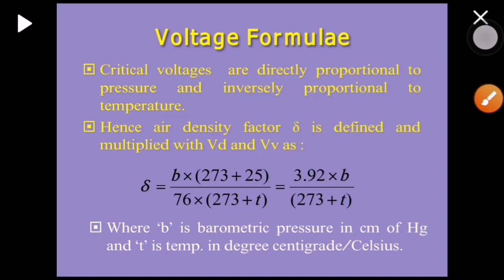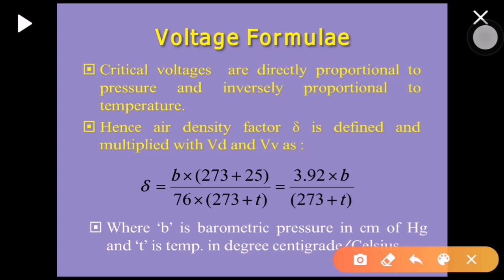Hence, if we consider standard temperature to be 25 degrees centigrade and standard pressure to be 76 centimeter height of mercury in barometer, we can define delta as the ratio of the actual pressure B to standard pressure 76, into 25 plus 273 Kelvin divided by the actual temperature T degree centigrade converted into Kelvin by addition of 273, and that will ultimately be 3.92 into B divided by 273 plus T. So this is the expression of delta we shall be using every time.